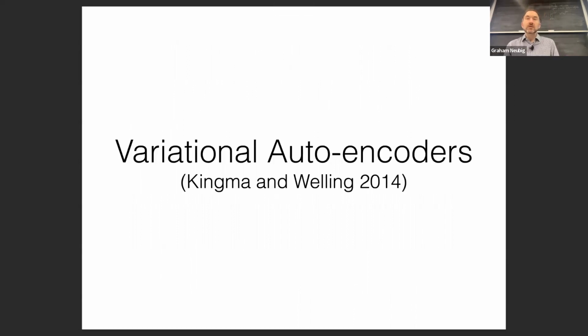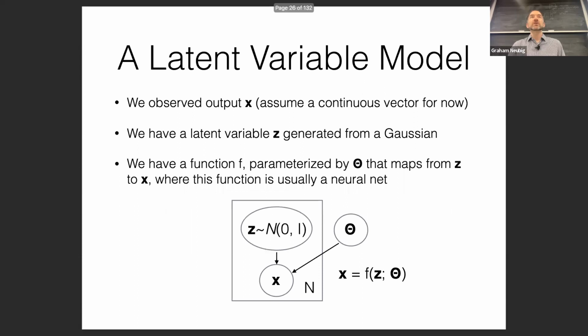Cool. A very nice method for learning latent variable models that works well with neural networks and can be expanded in a lot of different ways is something called variational autoencoders. Variational autoencoders are a latent variable model that looks a little bit like this.